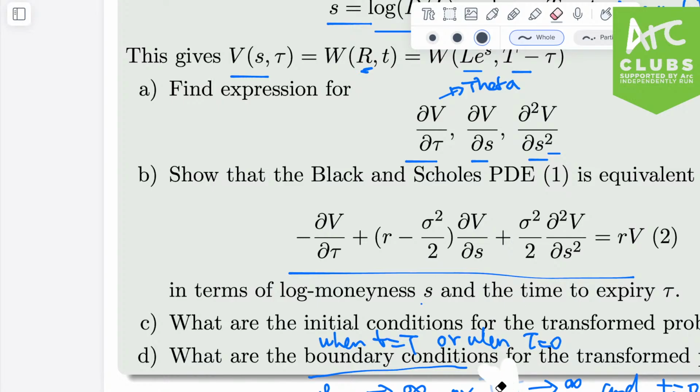So this is just S, and S goes to negative infinity.